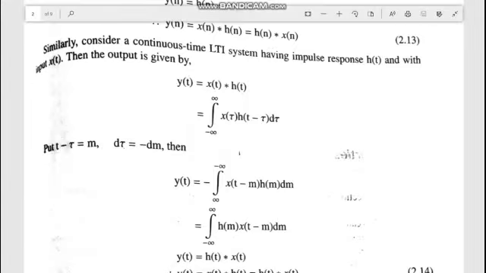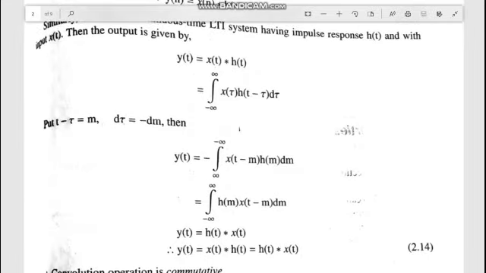The above equation can be written as integration minus infinity to plus infinity x of tau h of t minus tau d tau. Similarly, what we have done in DTS, here in CTS also you can represent. T minus tau is equal to some variable m. So what is d tau? D tau is nothing but minus dm. Substitute these values in the above equation.